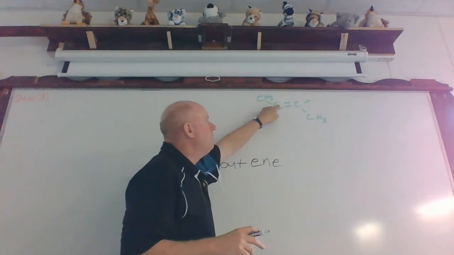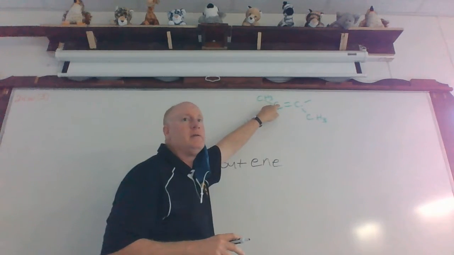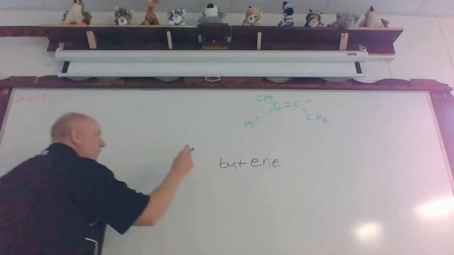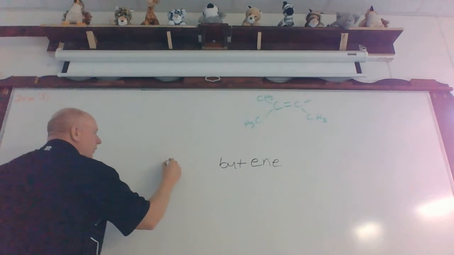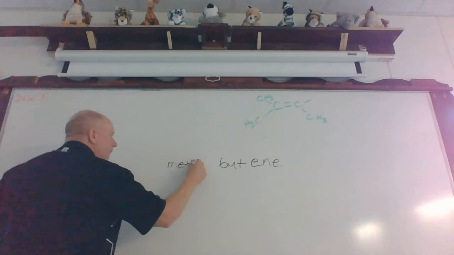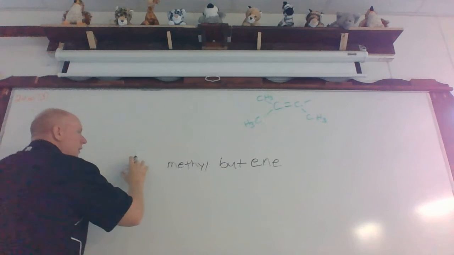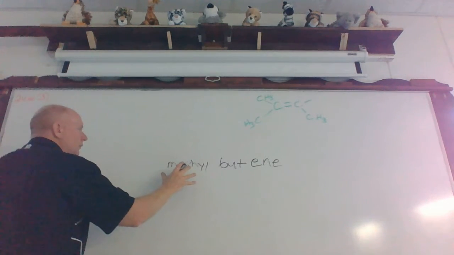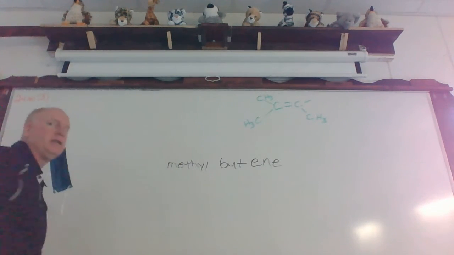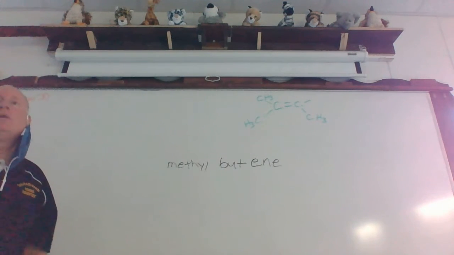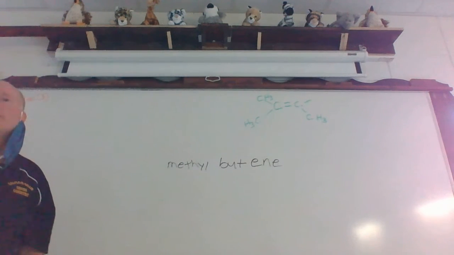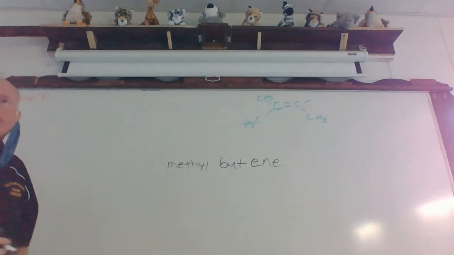On this second carbon, what do we have branching off of there? A methyl group. So we still account for that. And the last thing we need to do is put 2 numbers in there. One, what's branching off the second carbon, like you correctly said.